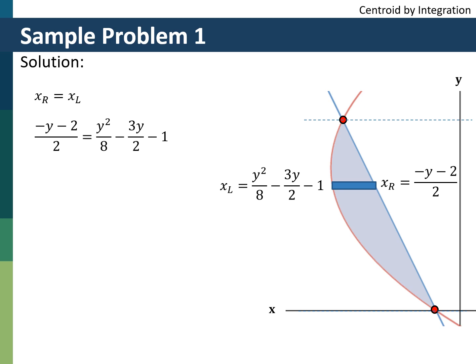From this equation, we would be able to solve for the values of y at which the two functions intersect. Simplifying, rearranging, and equating the equation to 0 gives us y squared minus 8y equals 0, where y is equal to 0 and 8.